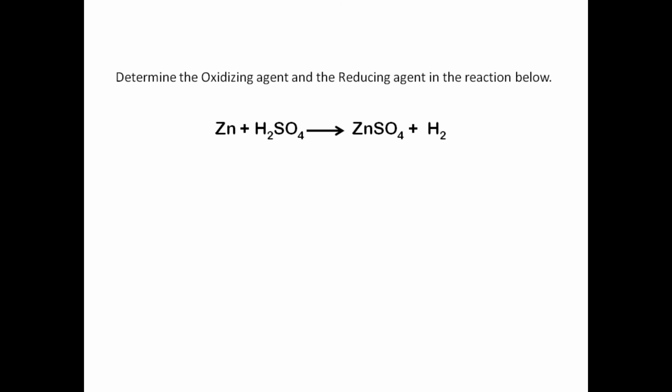Now, the oxidizing agent causes something else to be oxidized while it itself is being reduced, and the reducing agent causes another species to become reduced while it itself is being oxidized. So oxidizing agents undergo reduction and reducing agents undergo oxidation.